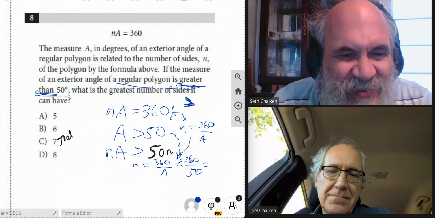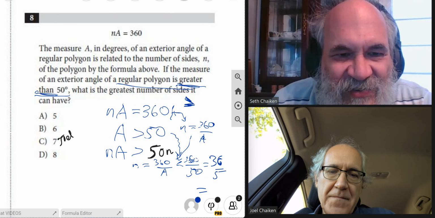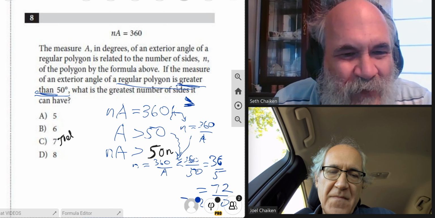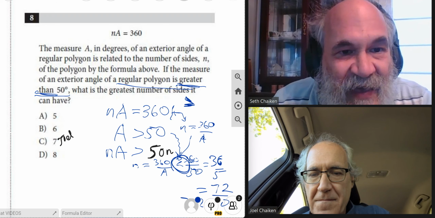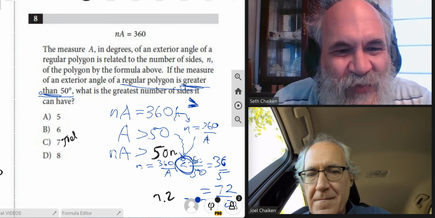So this 360 divided by 50 is 36 divided by 5, which is 72 divided by 10, which is 7.2. Right. So what we concluded is that N must be less than 7.2.